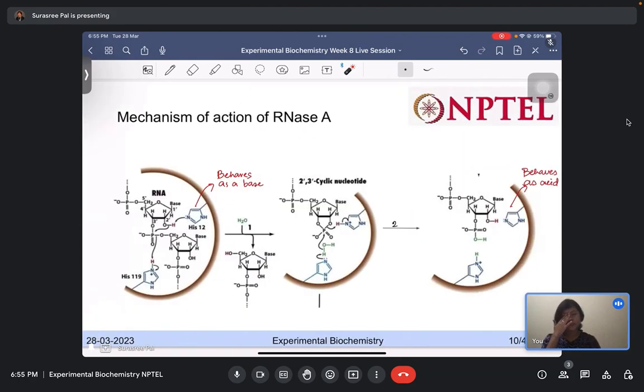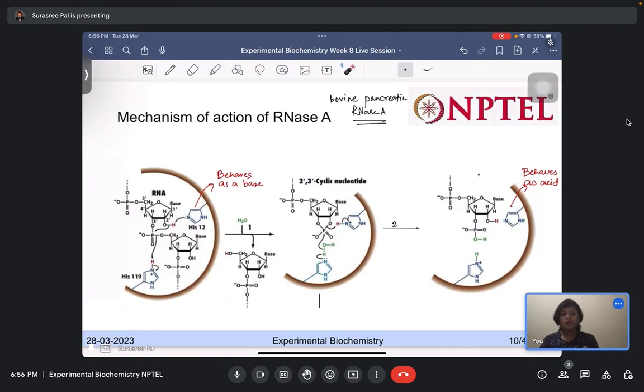Now in this respect, we will discuss the mechanism of action of the enzyme called RNase A. It is an RNase, or ribonuclease, derived from bovine pancreas, so it is bovine pancreatic RNase A. Ribonuclease means it can cleave RNA, or ribonucleic acid.